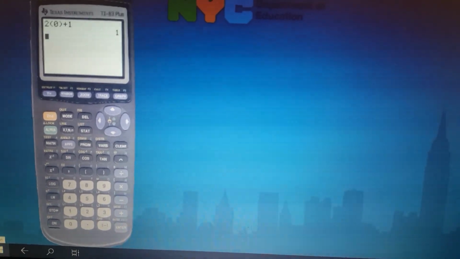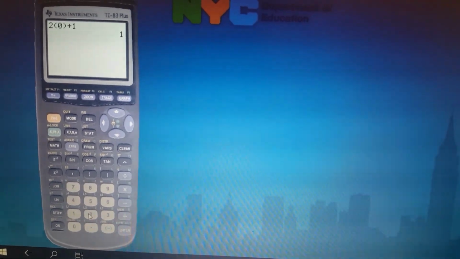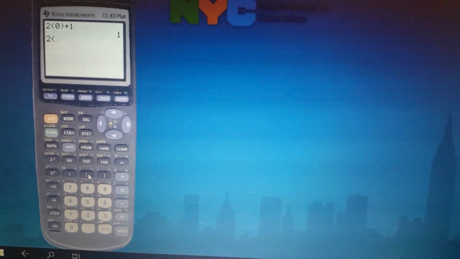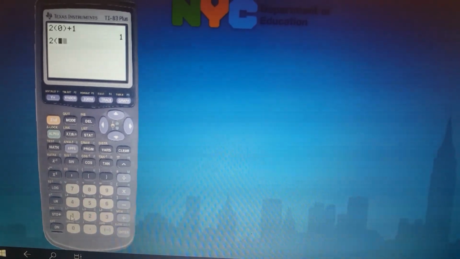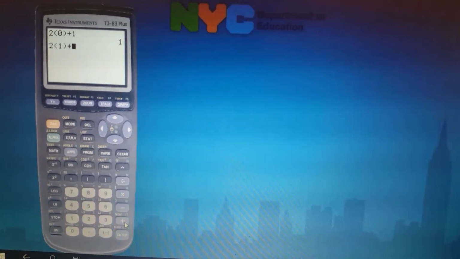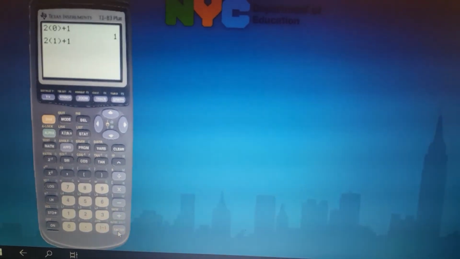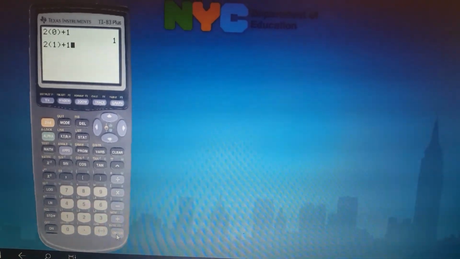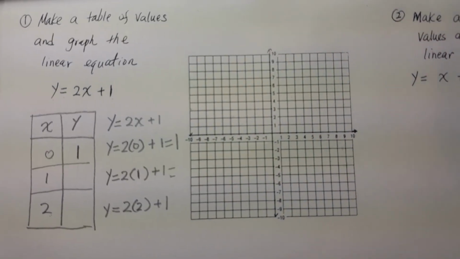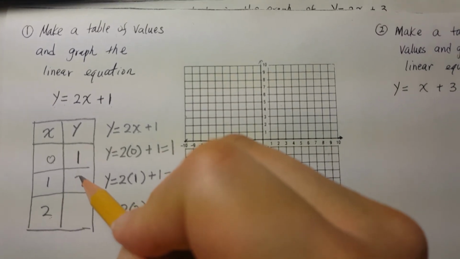I click on the button 2, open parentheses, 1, close parentheses, plus, and 1, and then enter. Enter means equal. Now I got 3. Over here I get 3, and I go back to my table and put 3.